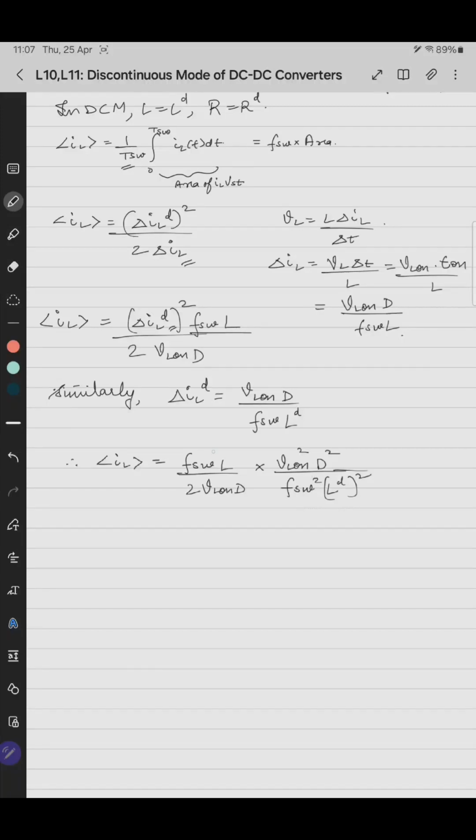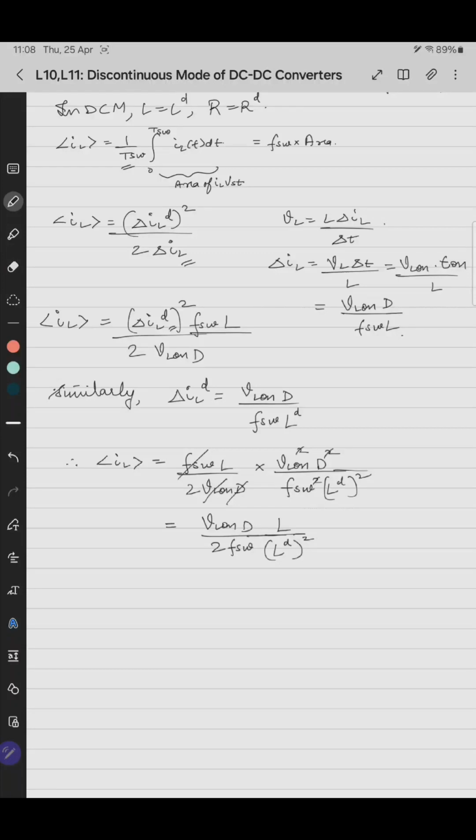Now F switching will get cancelled, VL on gets cancelled, and D gets cancelled. So in the numerator, what is the remaining thing? VL on into D divided by 2 F switching into L by LD square.